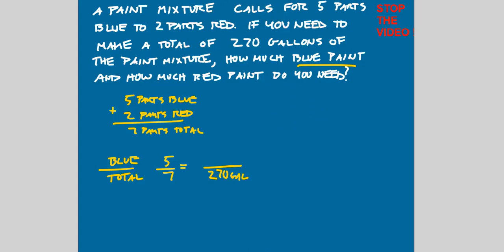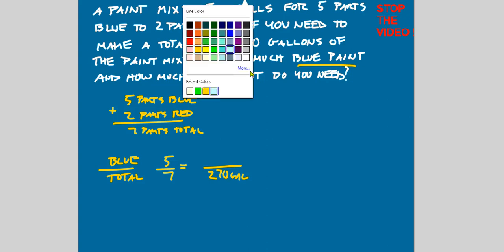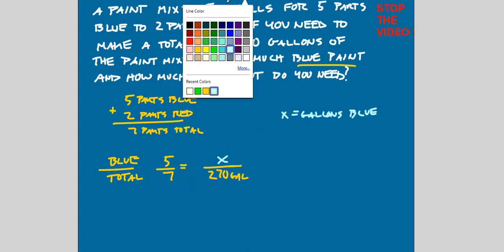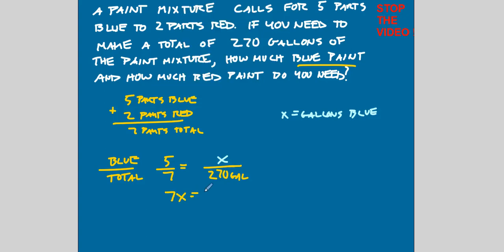So X is the gallons of blue needed. So now cross multiplying, I get 7x equals 5 times 270.